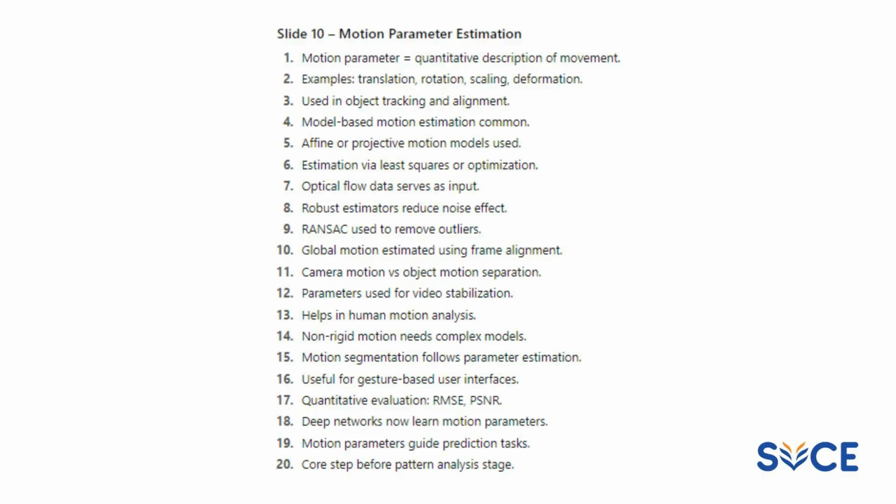These parameters provide a precise description of how objects move, which is essential for applications like robotics, video surveillance, autonomous vehicles and human activity recognition.